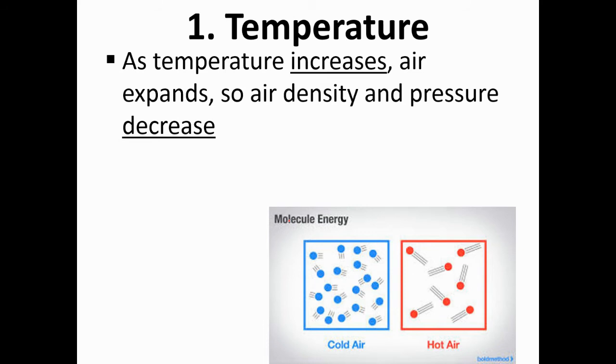So those atoms here, these blue ones, are going to be forced farther apart, because that temperature change is creating more vibration in the molecules. Temperature is just a measurement of average kinetic energy. It actually doesn't mean the same thing as heat. When we looked at the atmosphere layers, the thermosphere's temperature was very high.